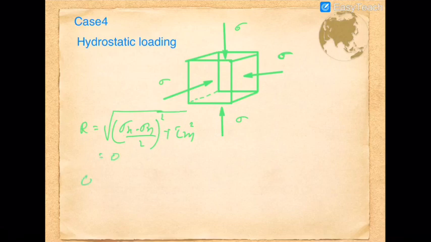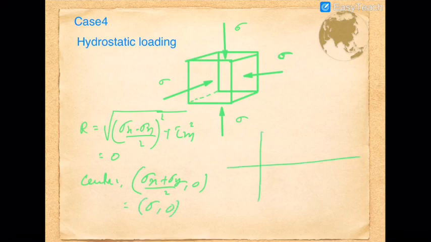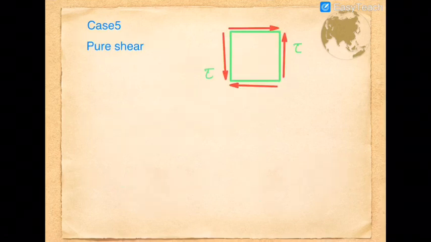That value is going to be 0, and the center of circle, that is going to be sigma x plus sigma y by 2 comma 0. Definitely sigma comma 0 will be there. So if we consider a graph for x and y coordinate, then the circle will be denoted with the center sigma comma 0 and radius 0. So it will be a dot point.